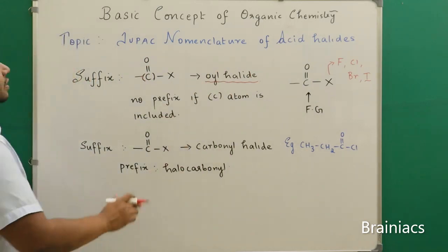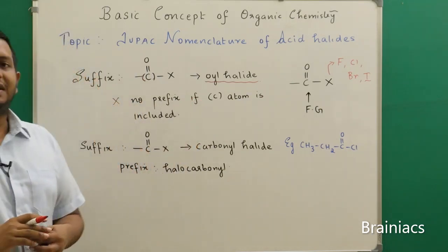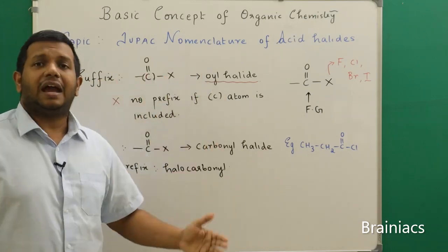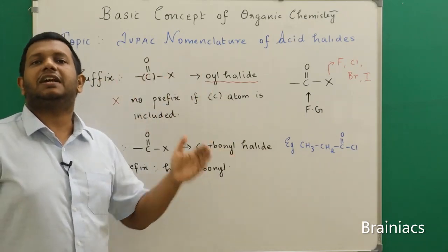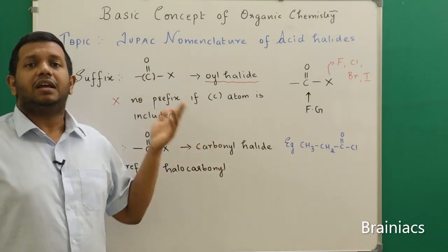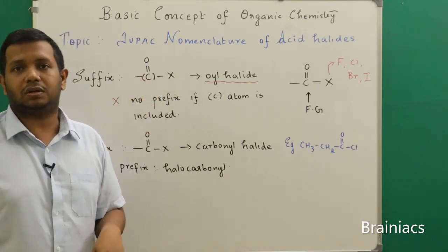Now in this case no prefix is applicable. It means that if the acid halide's carbon atom is included in the parent chain, then it will behave like the senior most functional group. There is no prefix, it will not behave like a substituent.